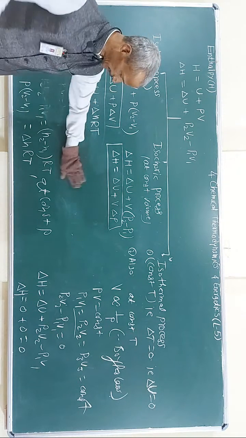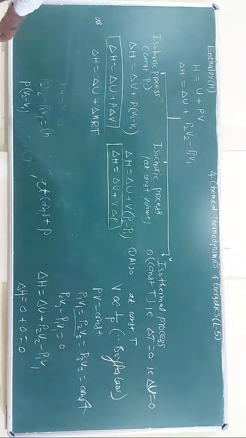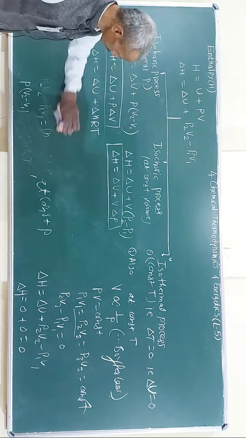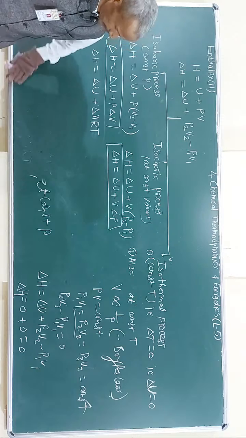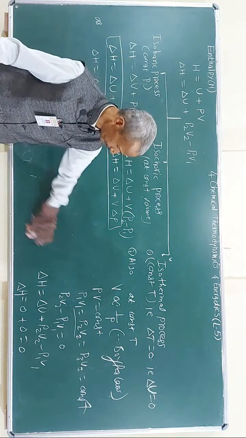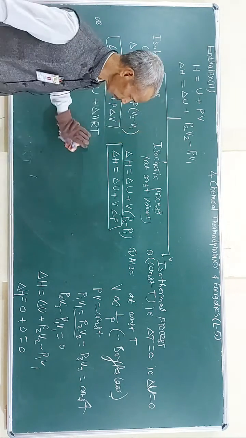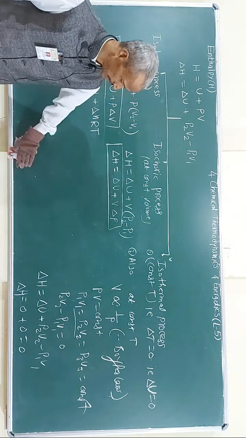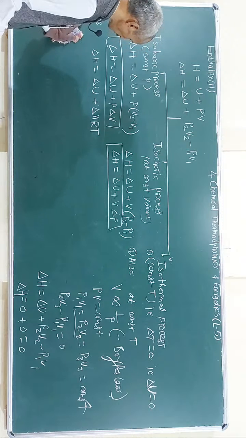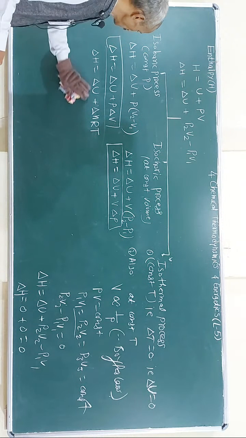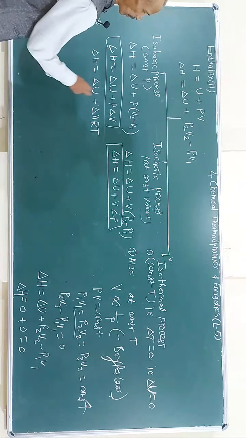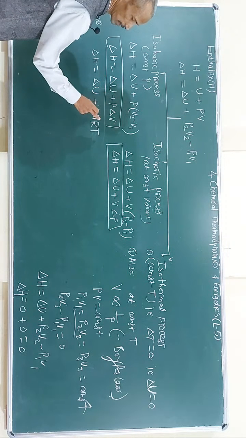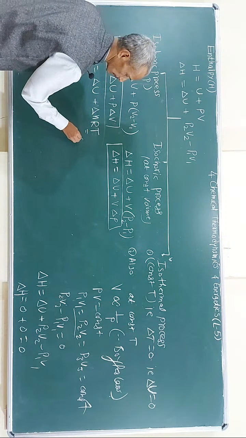What is delta n RT? Delta n is the change in gaseous moles during the process, whether it be a chemical reaction or any chemical change or any phenomenon. In the process, the reaction is carried out at constant pressure at a given temperature.